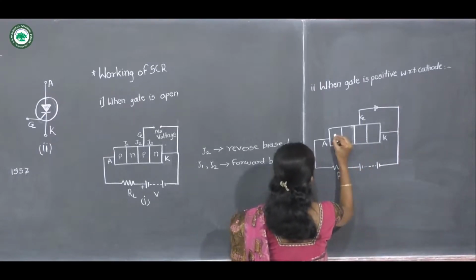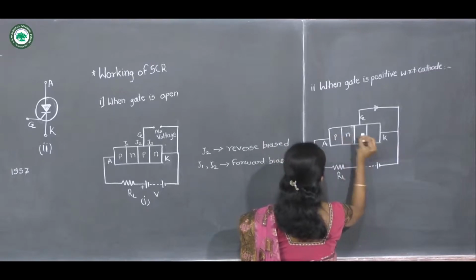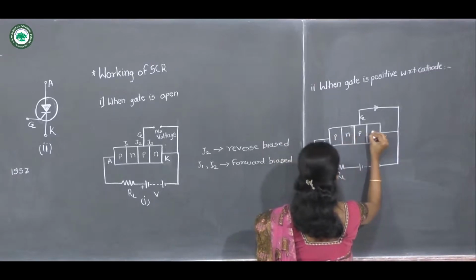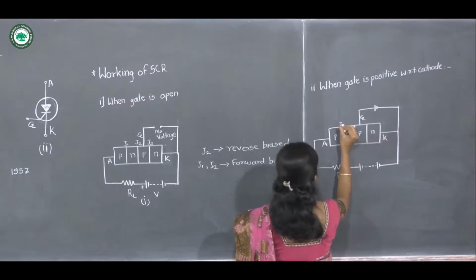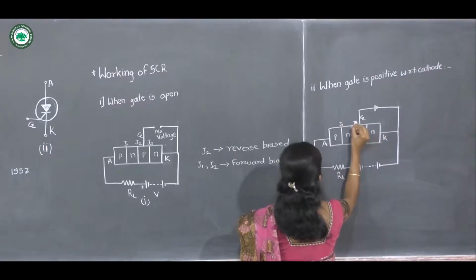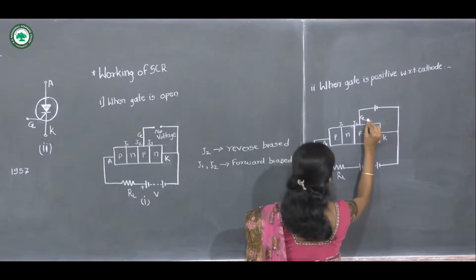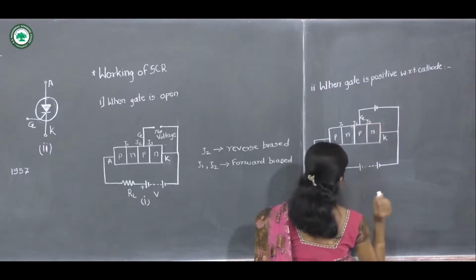This is the P region, this is the N region, this is again the P region and this is the N region. This is junction J1, this is junction J2 and this is junction J3.